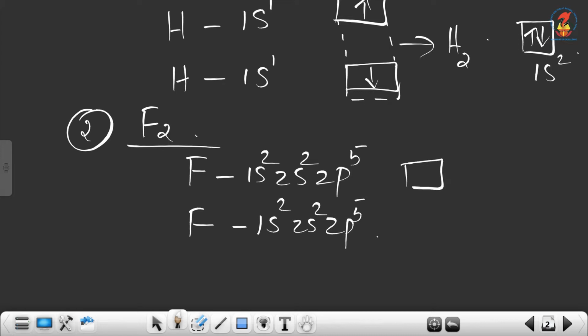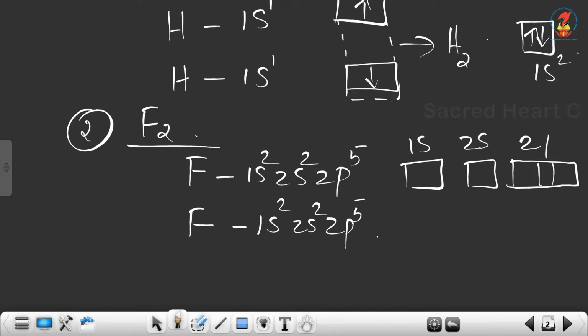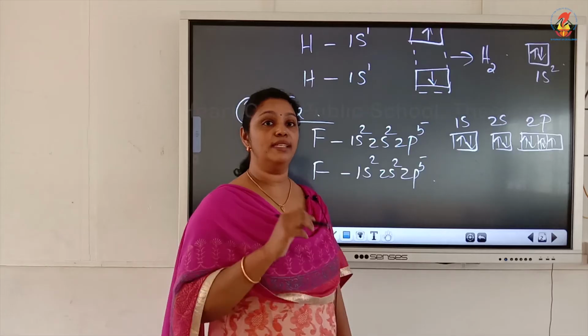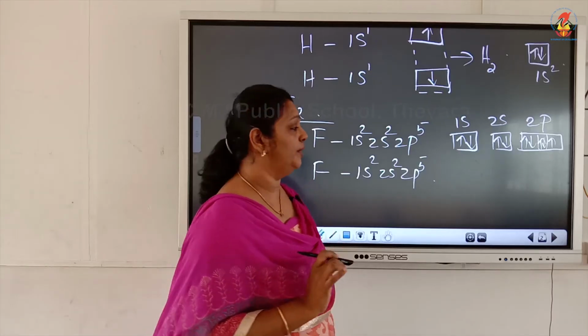Now when you draw the orbital diagram, 1s, 2s, 2p, and always name the orbitals. Now 1s2, 2s2, 2p5. You know, according to Hund's rule, pairing takes place after each orbital is singly occupied.